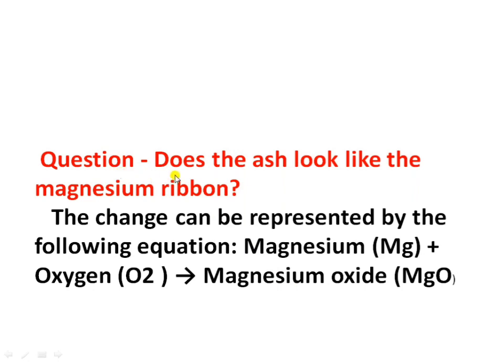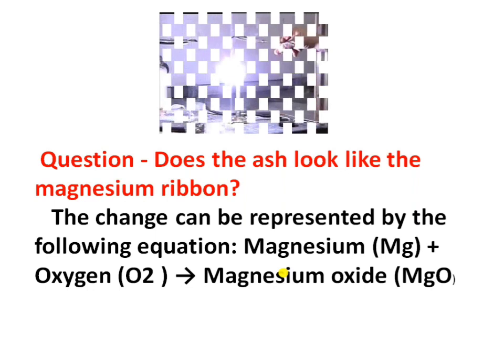So the question is, does the ash look like the magnesium ribbon? The change can be represented by this equation. When the magnesium reacts with oxygen, which is present in the atmosphere, it forms magnesium oxide. This magnesium oxide is just a powdery ash.